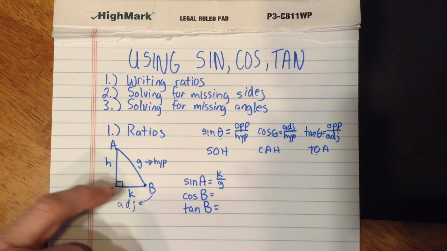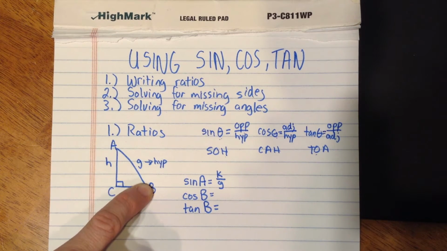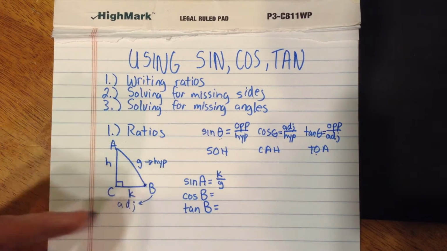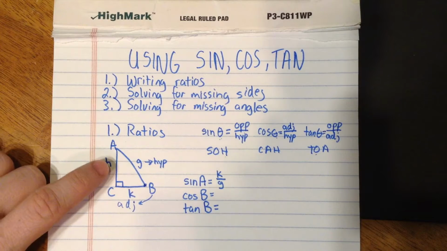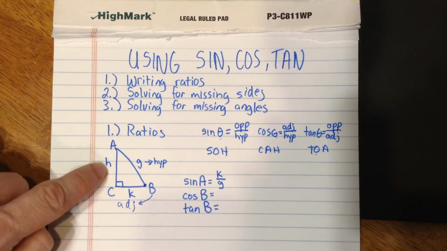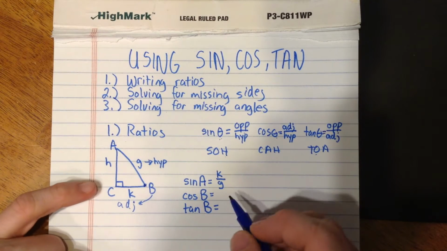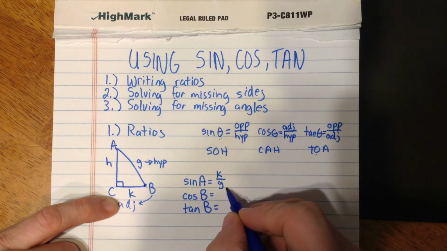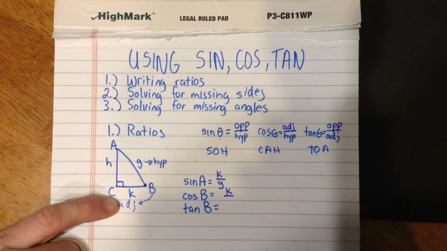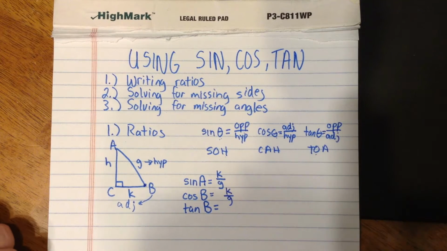Adjacent just means it's one of the two sides of the angle that's touching angle B. We can't use G because it's a hypotenuse, so our alternative is K. So this is adjacent. For angle B, adjacent, opposite, hypotenuse. So when I say cosine, it's adjacent first, so that's going to be the K again, and the hypotenuse will be G, adjacent over hypotenuse.